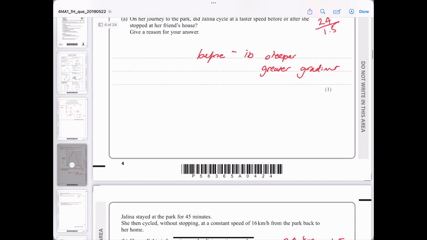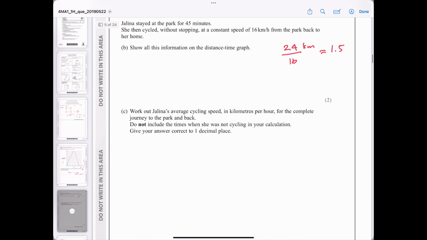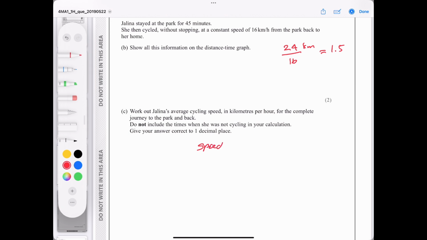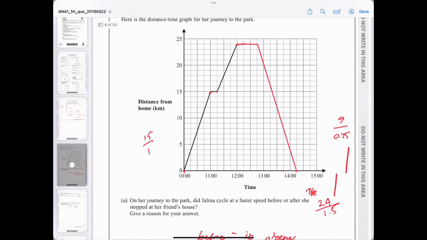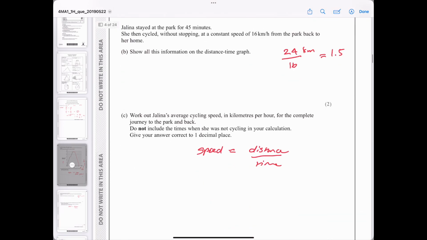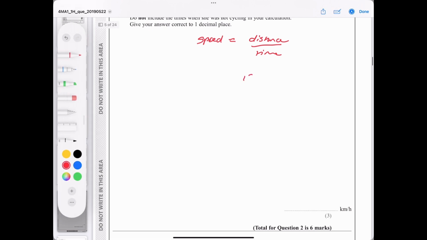So we know the speed equals distance over time, because we always say things like kilometres per hour or metres per second. And our distance is going to be 15 plus 9 plus 24, and that's in kilometres.